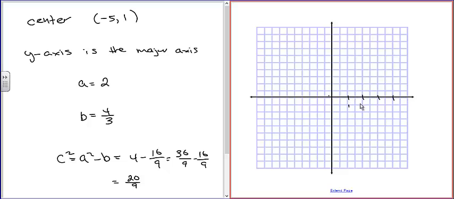So this will be 1, 2, 3, 4, 5. I'm just going to go negative 5, positive 5, negative 5. And let me just put some tick marks in here. I don't want to draw too many numbers, it'll get a little too confusing. So I'm putting these tick marks every other grid mark.